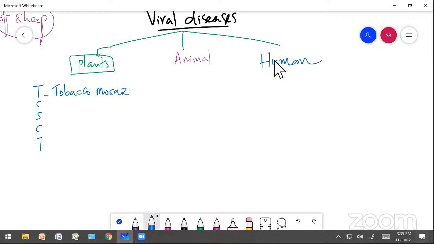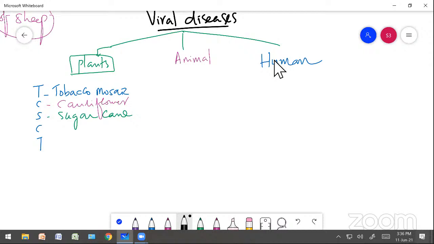Second one, C stands for cauliflower. Cauliflower mosaic disease. And S stands for sugarcane. Sugarcane mosaic disease. I'm talking about mosaic disease.